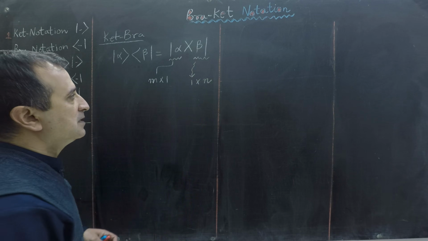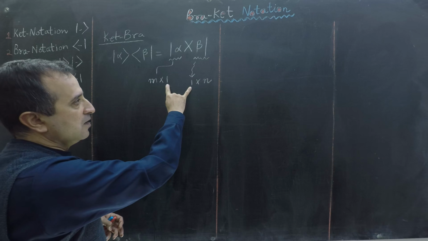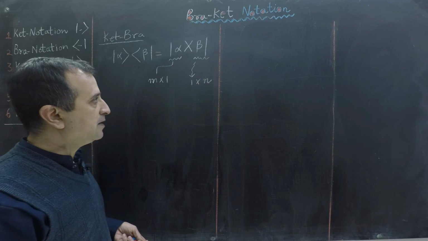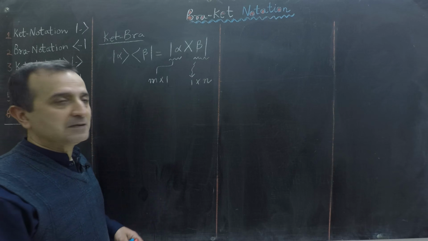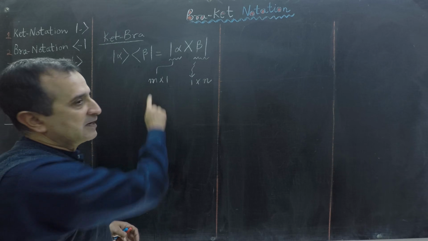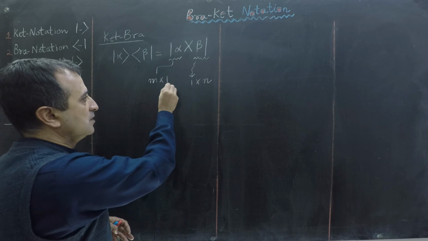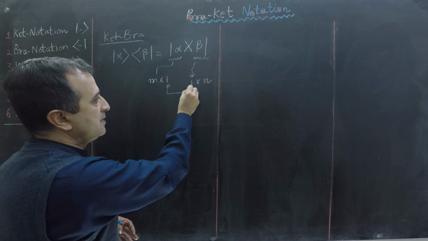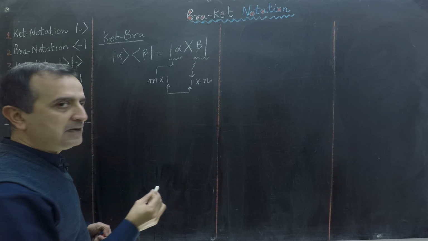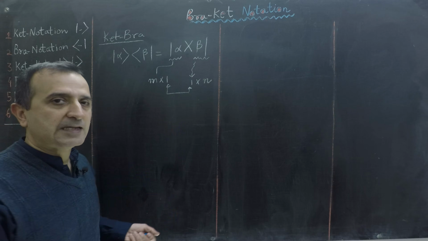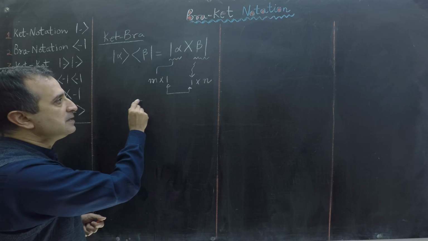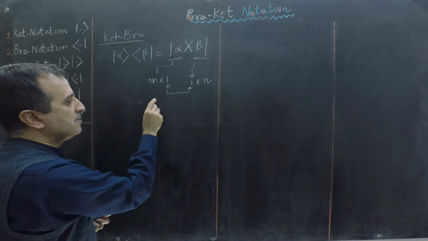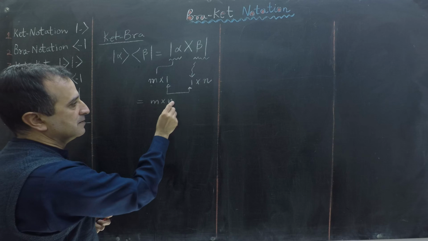And because the dimension in the middle will always be equal to 1, we can always multiply this column vector with this row vector, and our result will be a matrix, and the dimension of that matrix will be m times n.